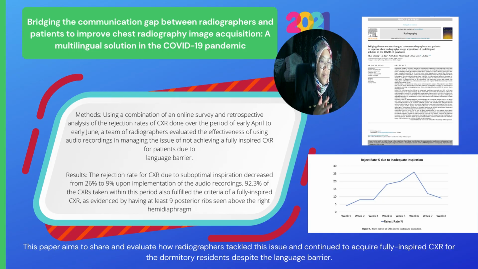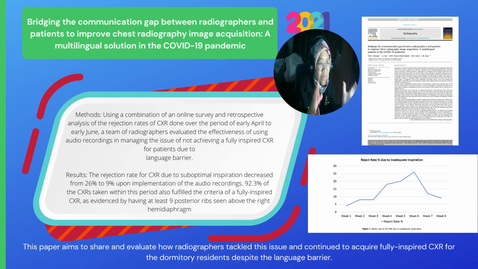The reason I talk about communication is because I found this paper from Singaporean radiographers, which tackled the issue of achieving fully inspired chest X-rays for patients. They had highly rejected radiographs because of not achieving fully inspired chest X-rays.